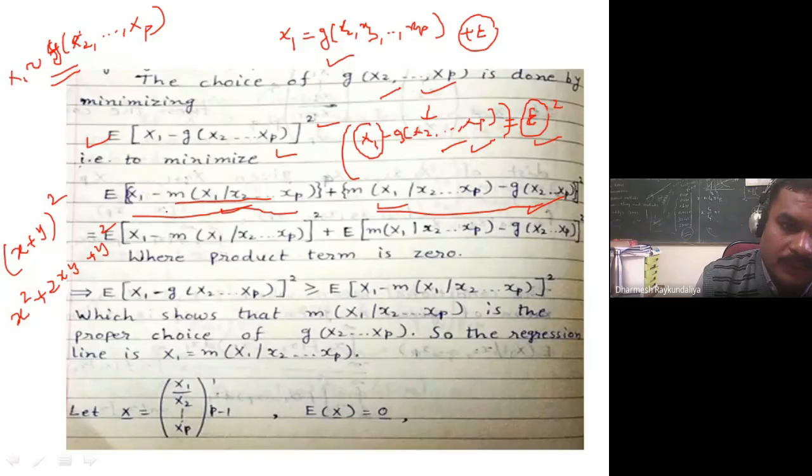In our case, x is x1 minus m of x1 given this quantity, and y, or you can say a or b, is the other one. So I have written the expectation of (x1 minus m of x1 given x2 to xp) whole square, and y square. So y is nothing but this, and I have also taken the expectation of the square of this quantity.